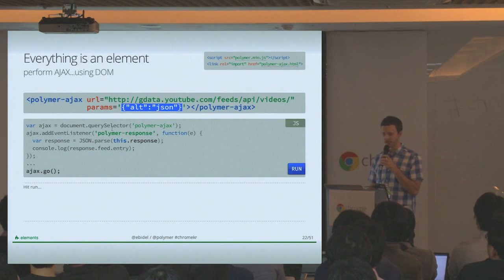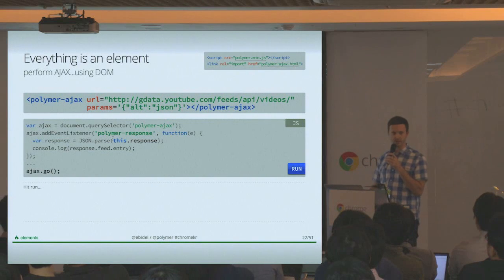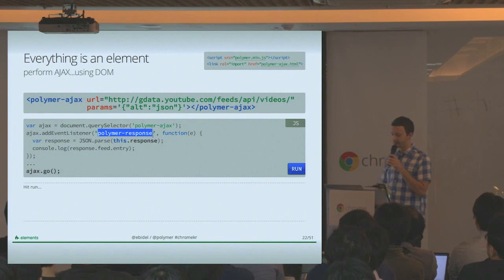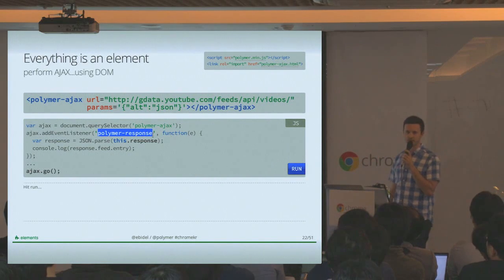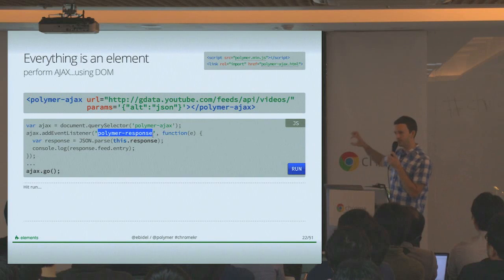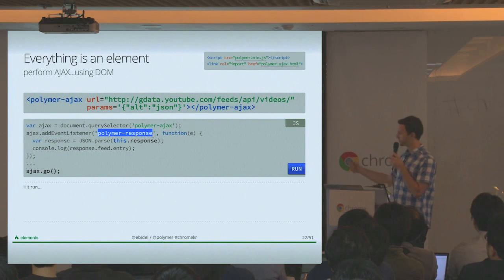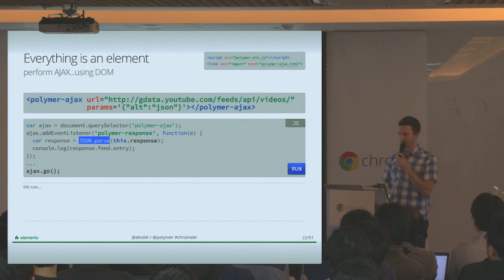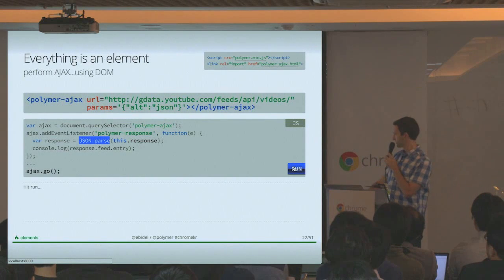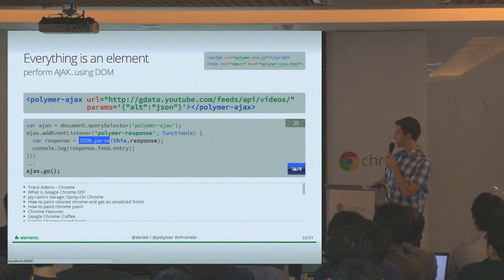So I drop that on my page, and I read the documentation about this particular element, and I see that it fires this Polymer response event. So when that feed has been processed and the request has been made under the hood on that element, I can listen for that event and then use your standard JSON parse to get at the data that it returns to me. I can run this real quick and show you exactly what I have on this page.